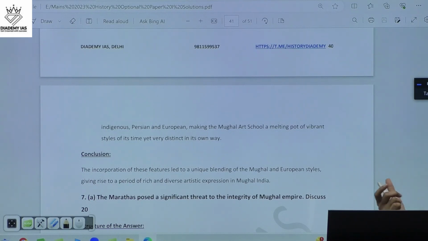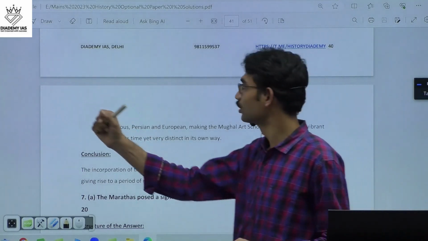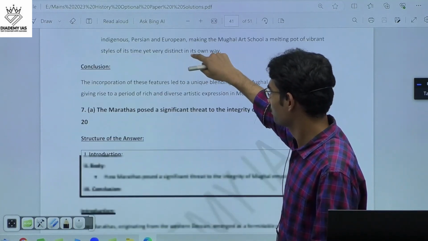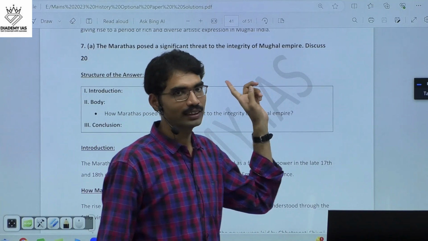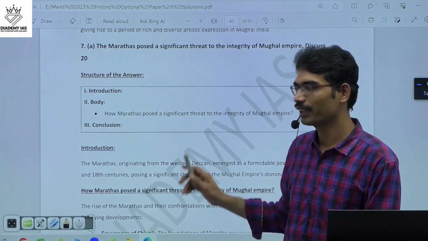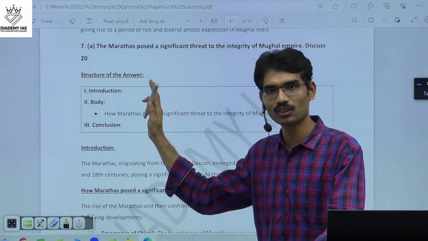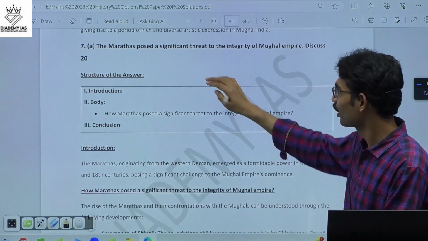So this detail you will find in IGNOU. In Satish Chandra, it is not properly given, but in IGNOU, you will find this content.